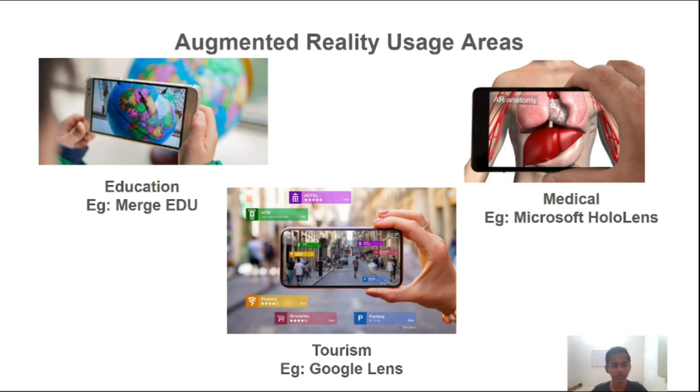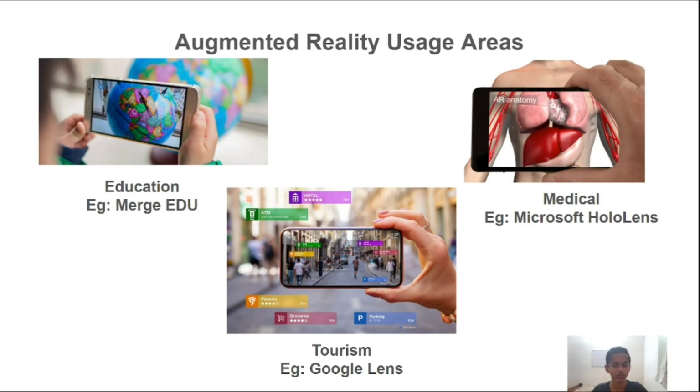Another example is in the field of medicine. In healthcare, AR is revolutionizing medical training and diagnosis. Surgeons use AR tools like Microsoft HoloLens to visualize 3D models of organs while performing complex surgeries, improving their precision and patient outcomes.